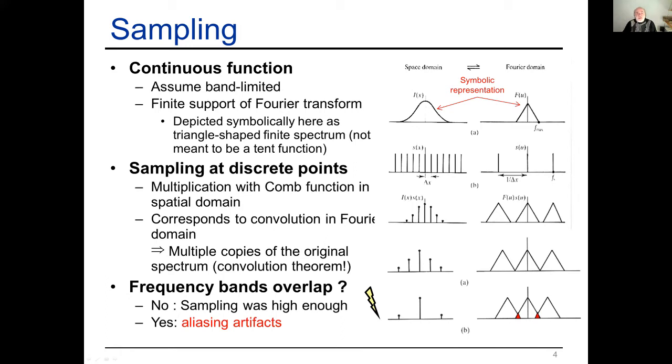However, if you want to reconstruct the original function, if you were to take these many copies and transform them back, you're obviously not getting the original function, right? Because you added high frequencies to it. So in order to reconstruct it, we actually need to get rid of these copies, and we'll talk about this in the coming slides.